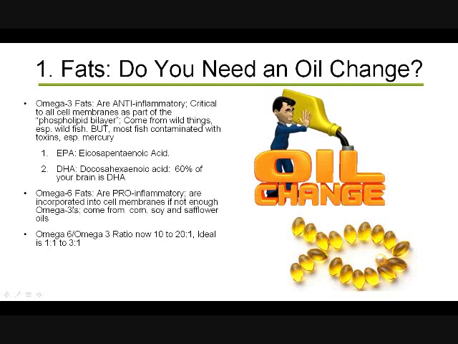The omega-6 fats are pro-inflammatory, but we need inflammation at times too. It's the balance. The normal balance of omega-6 to omega-3 should be about 1:1 to 3:1, and now it's 10 or 20 to 1. Why? Because of all the processed foods available to us, made with safflower and corn oils that were government subsidized.